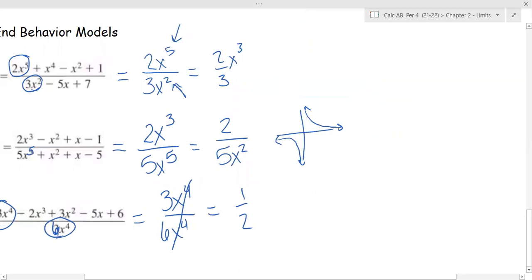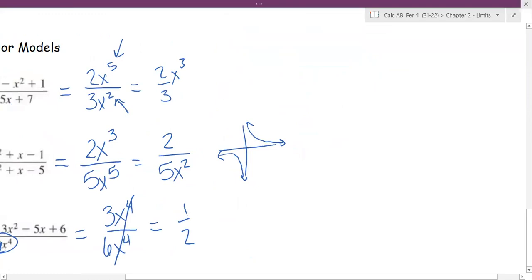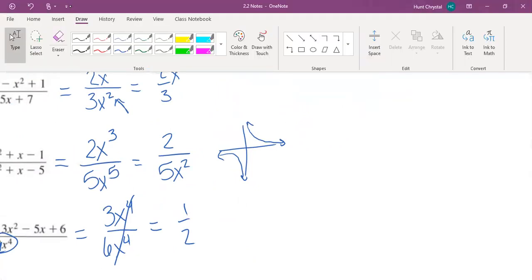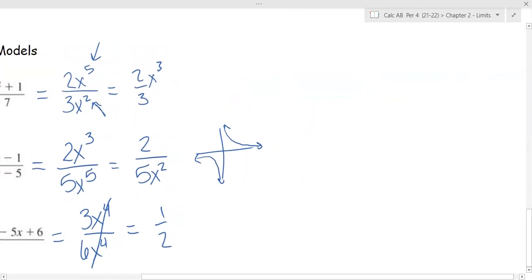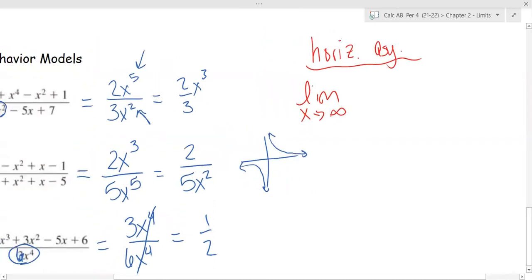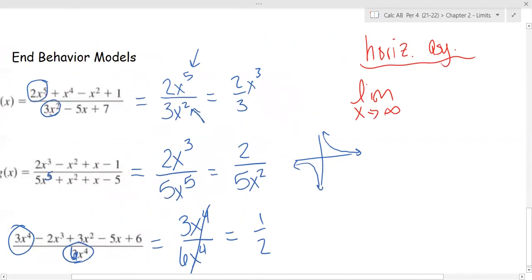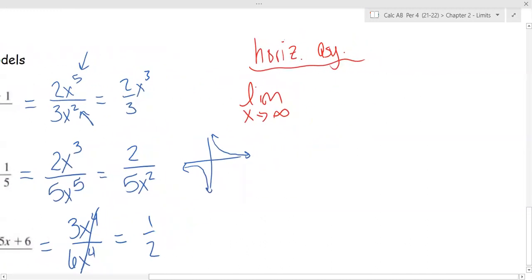So now what does that mean for calculus? What do we need to be able to do with this? We want to find horizontal asymptotes. This is not the best way to write here. So for horizontal asymptotes, if I put a limit as x approaches infinity or negative infinity of, let's say, this first function, 2x to the 5th over 3x squared.